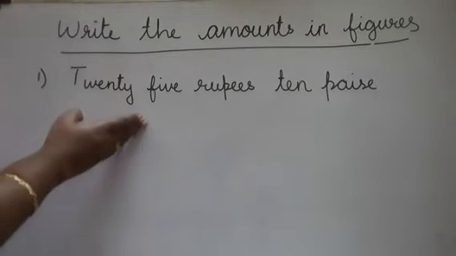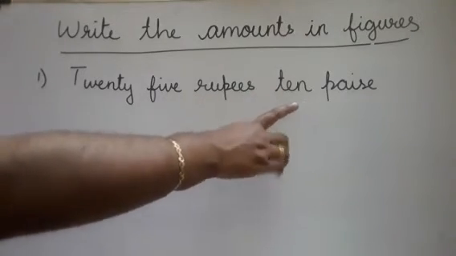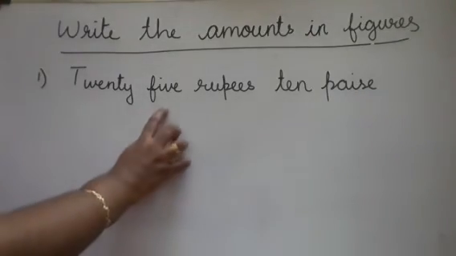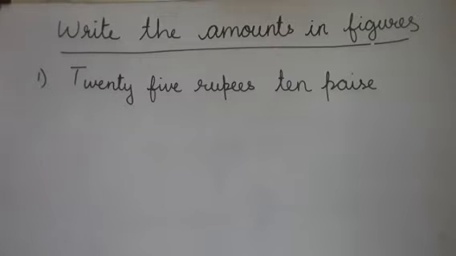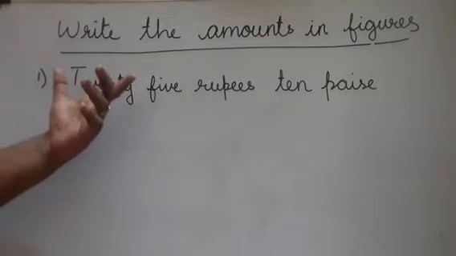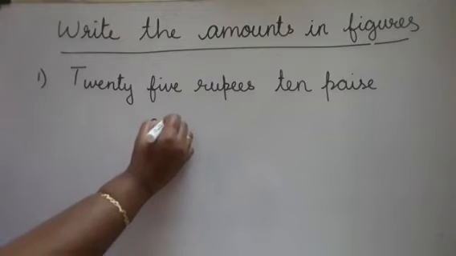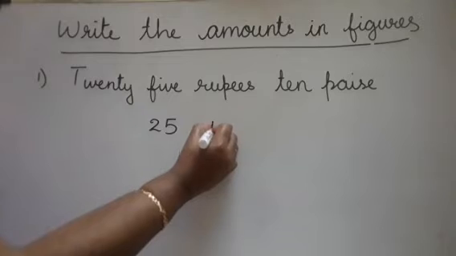Look carefully at the question. It is 25 rupees and 10 paise. We know how to write the number 25. Let us write the number 25 rupees, then write the 10.